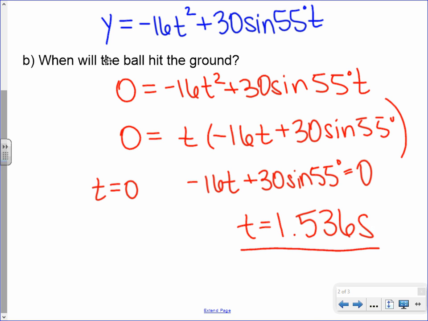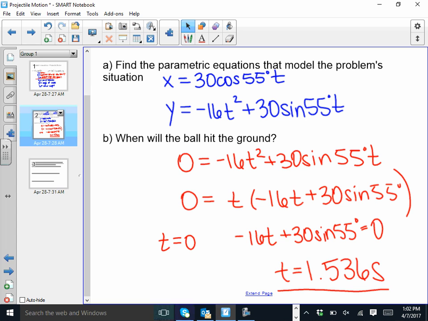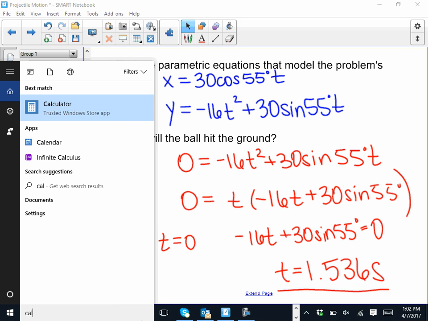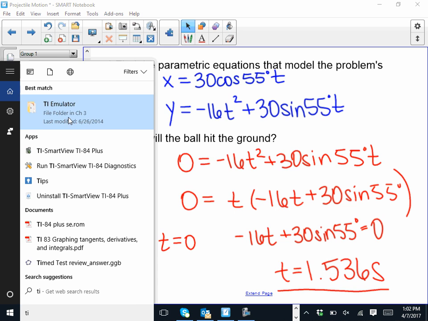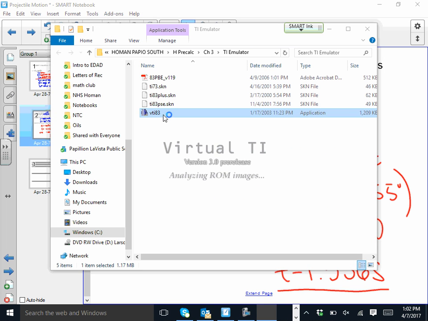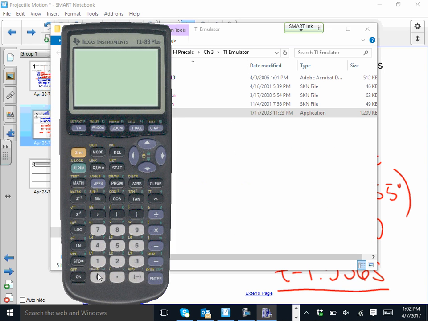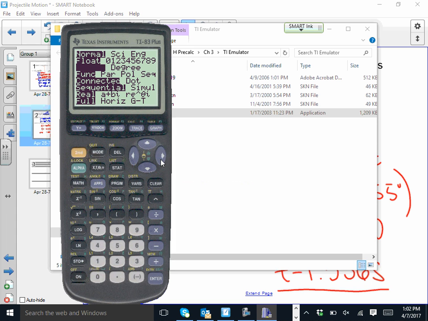Okay. I did mean to show you what this looks like in your graphing calculator. So yesterday I showed you how to change it to parametric mode, correct? So it needs to be in degree and parametric mode.